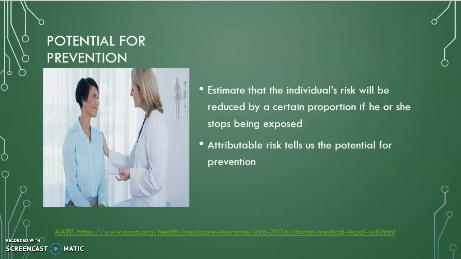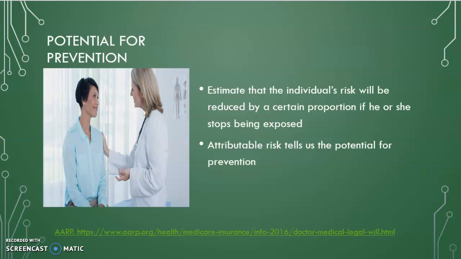On this slide, we will discuss the potential for prevention, which can be estimated by using attributable risk. On this slide, we see a clinician speaking with her patient. To put this into perspective, the clinician may be discussing with the patient about how changing their lifestyle habits might help them to avoid an unwanted outcome in the future.